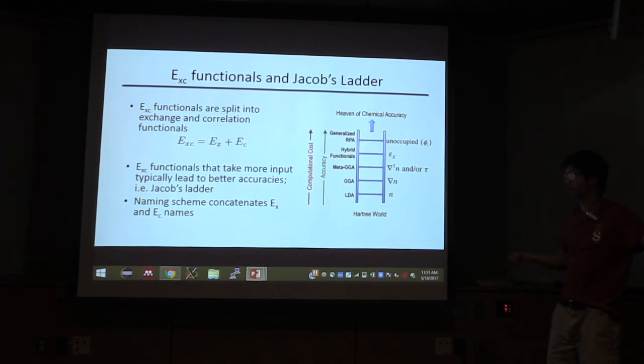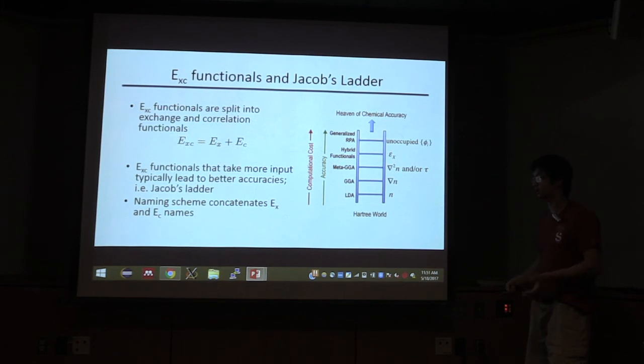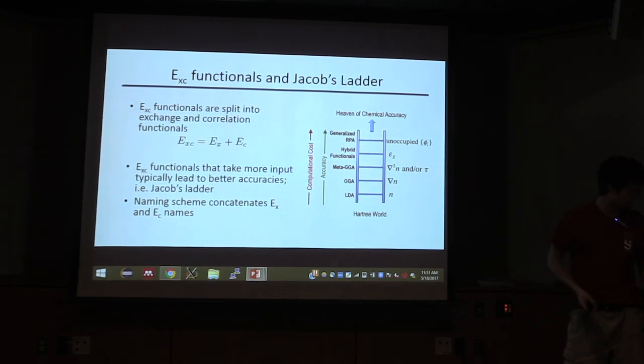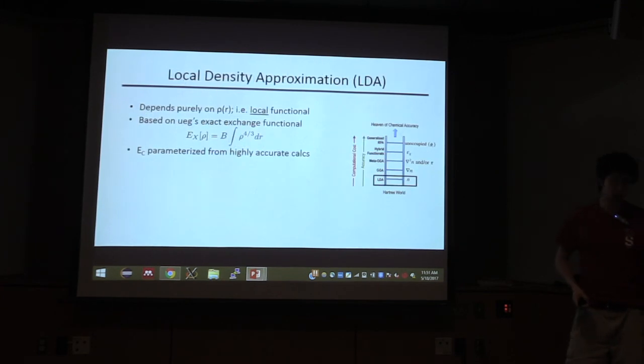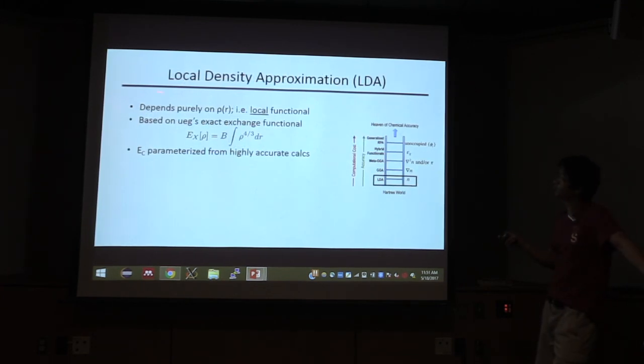Yeah, and naming schemes concatenate the names of exchange functionals and correlation functionals. So the bottom rung is the local density approximation. These are functionals that depend purely on rho, the value of rho at a specific position, so they're called local functionals.